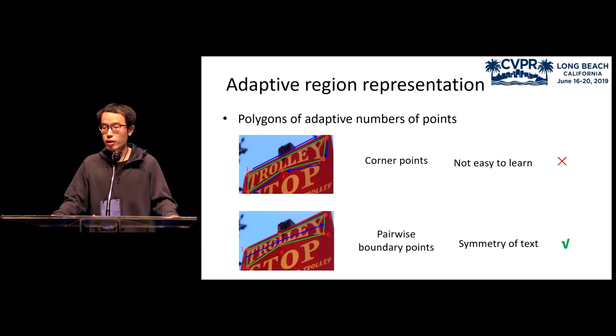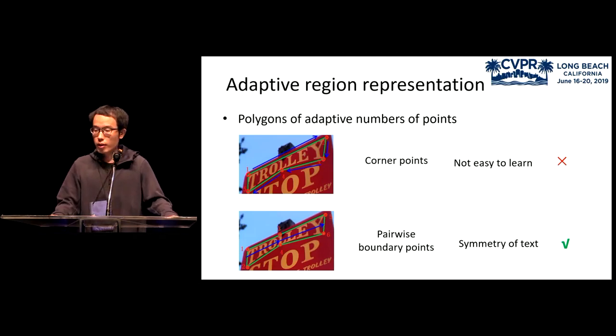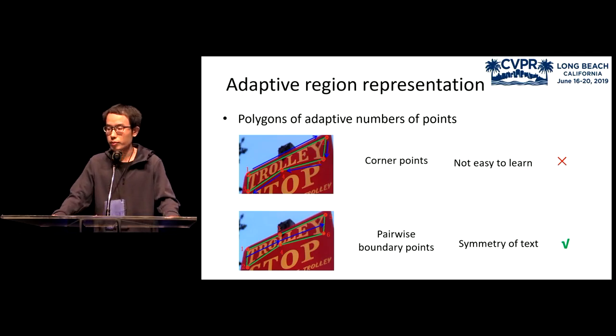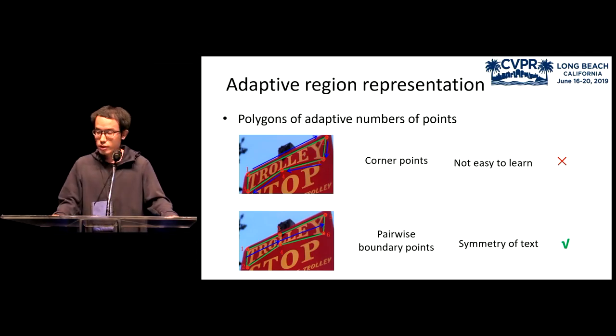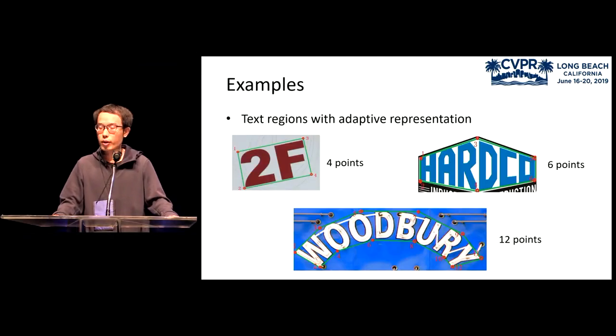Then we consider using pairwise boundary points. 2 pairwise points on the top and bottom boundaries of text regions are predicted each time step with an RNN. It fits the symmetry of text regions and works very well. So the second one is chosen in the paper.